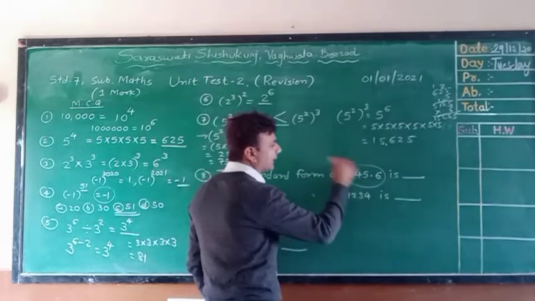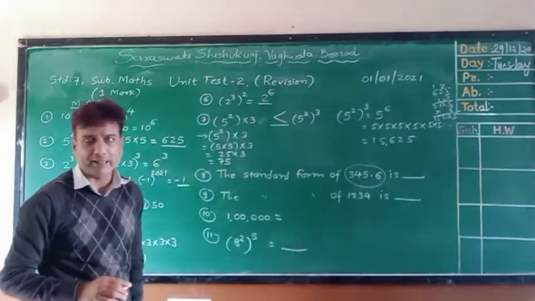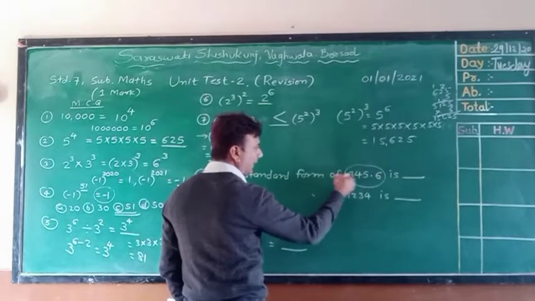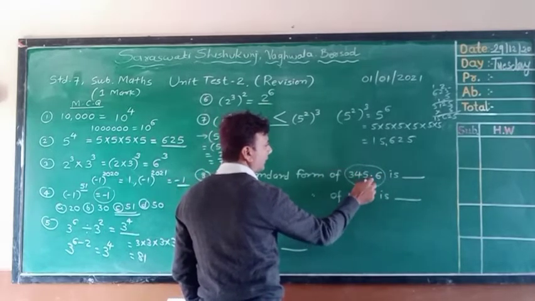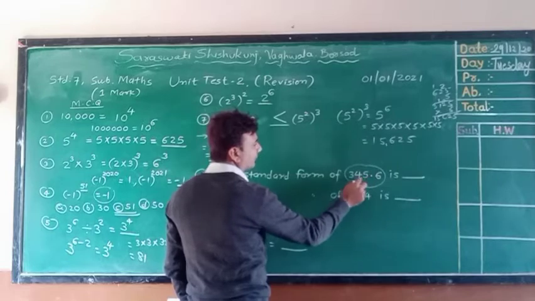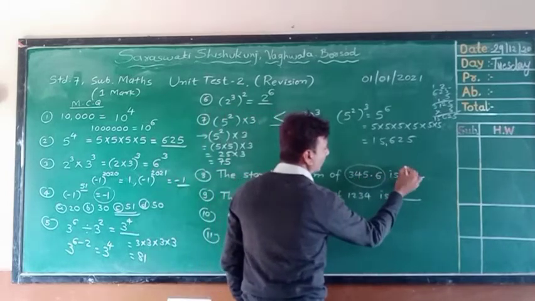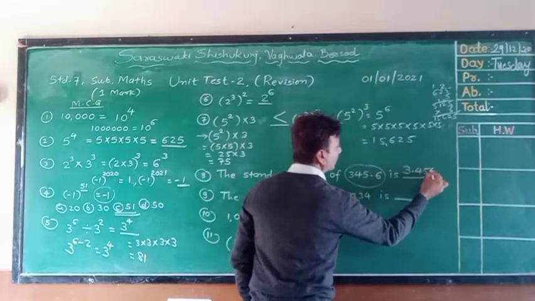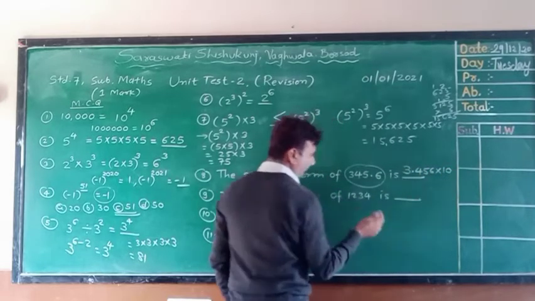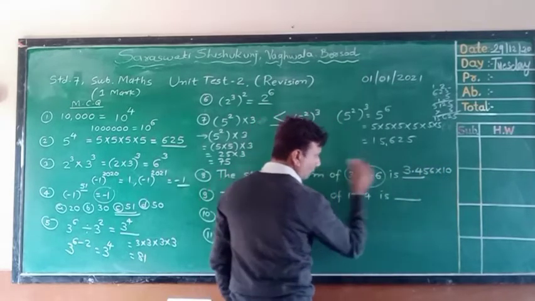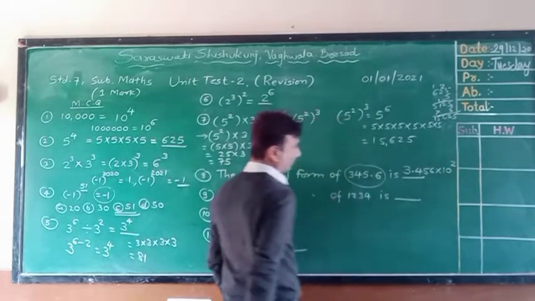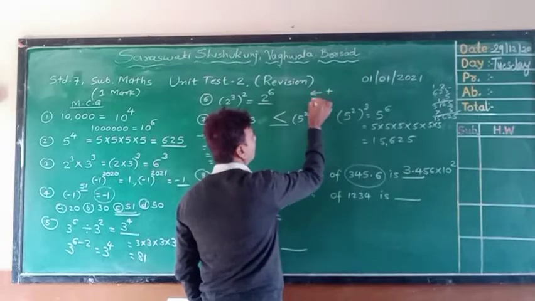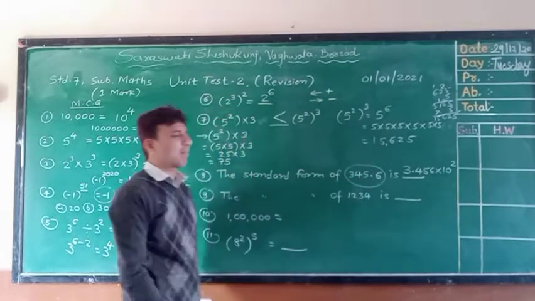So how many digits do we have to go to the left side? In this case the point is here, so we have to go to the left side. How many digits? 1 and 2, so 2 digits. 3.456, 2 digits left side, plus. So the rule: left side means positive, right side means negative.